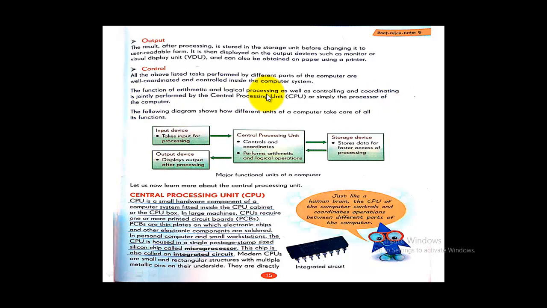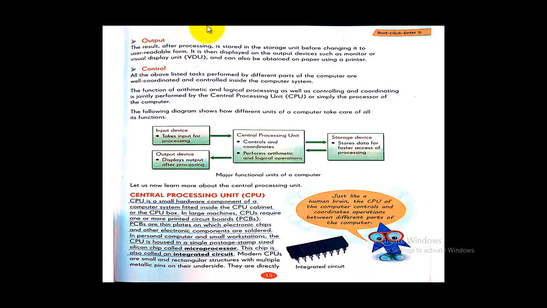Now the function of arithmetic and logical processing. Arithmetic, I have told you, means those mathematical calculations like addition, subtraction, multiplication, division, and square root, integration, differentiation, everything.